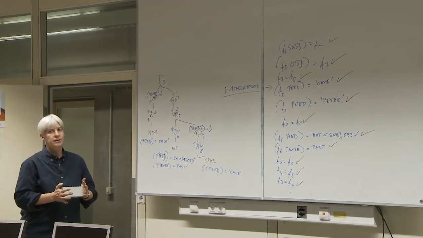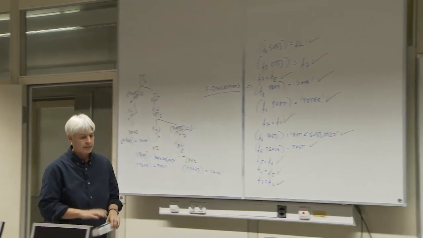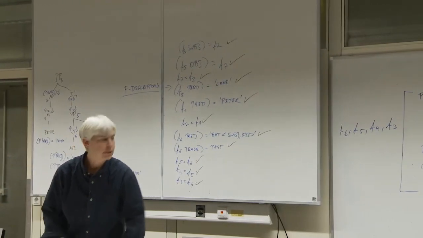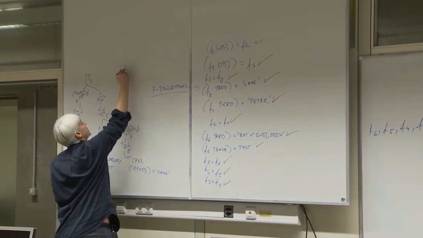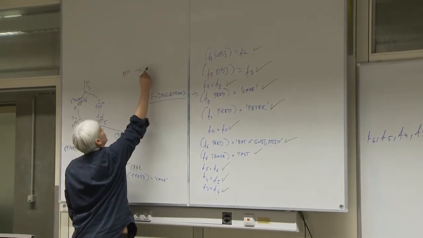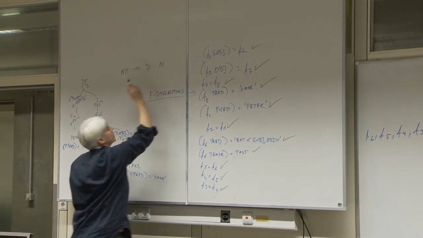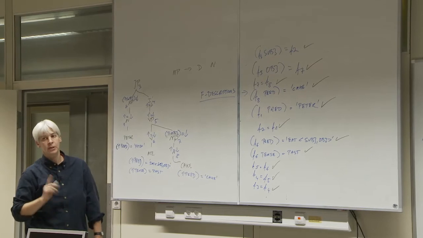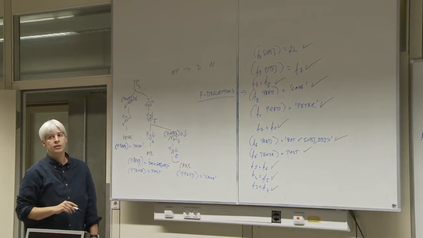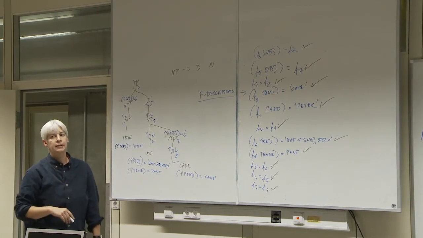There is not. Generally, when you write an LFG grammar, you write rules that say something like NP goes to determiner noun phrase, and then you yourself have to think, okay, so this is my C structure backbone. What is my functional information that I want associated with it? And you put that in there.